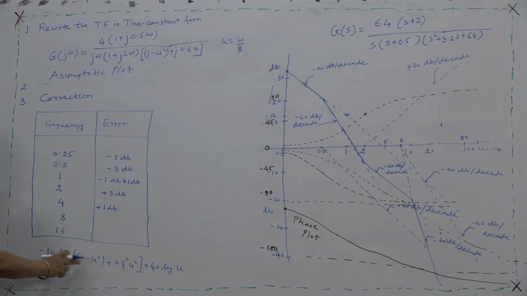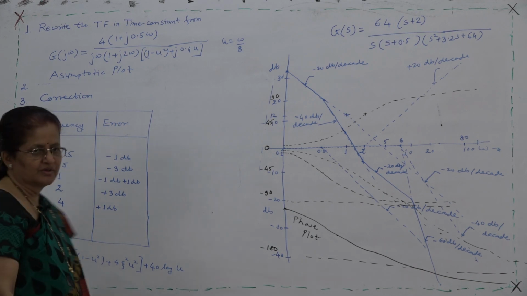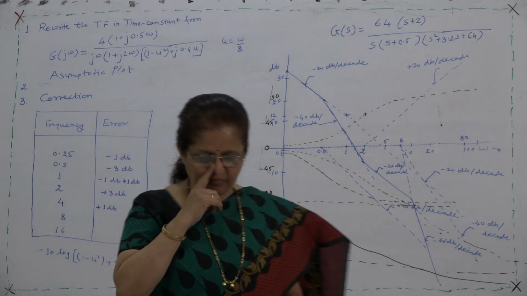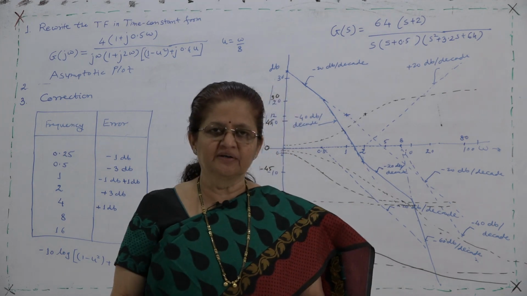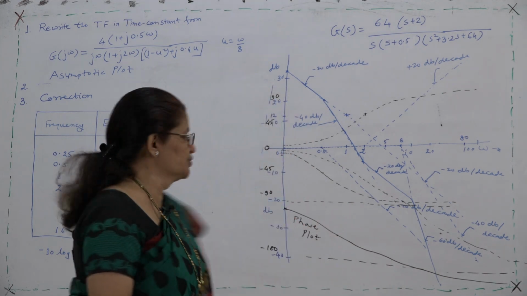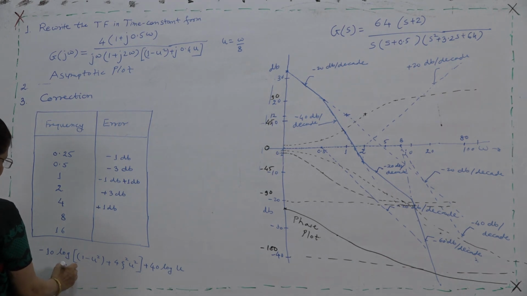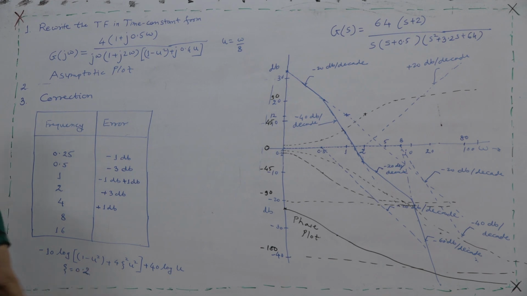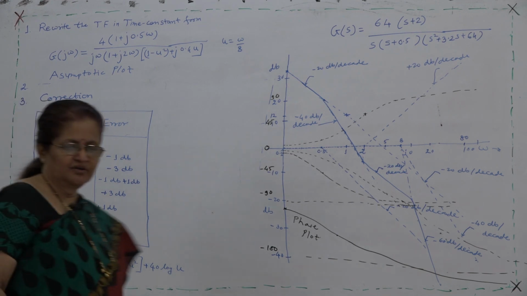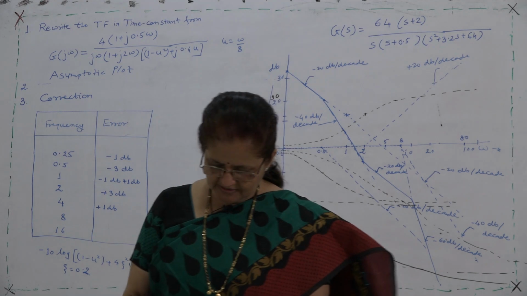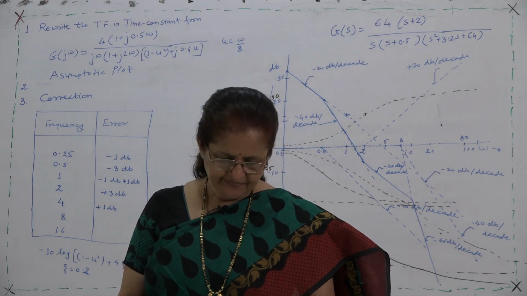So, at u is equal to 1, you will get here the value is 4 zeta square, and accordingly you have to find out, substitute zeta is 0.2 and calculate it. So, find out at u is equal to 1 how much error you will get.